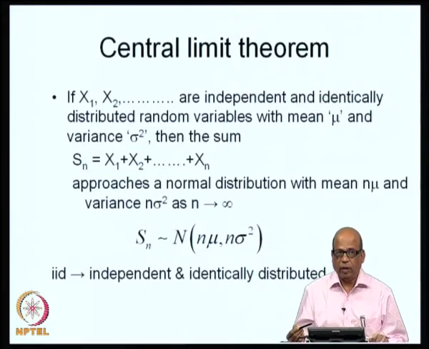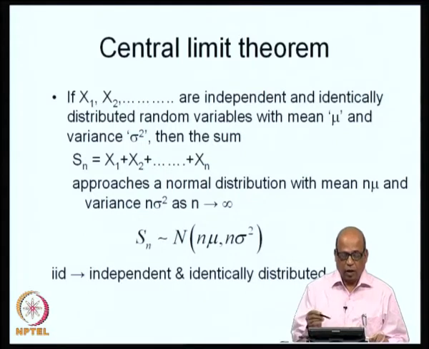Now, the central limit theorem states that if x 1, x 2 etcetera are independent and identically distributed random variables with mean mu and variance sigma square, then the sum defined by S n is equal to x 1 plus x 2 plus x 3 etcetera up to x n, where you have n number of such random variables, approaches a normal distribution with mean n mu and variance n sigma square as n becomes large, as n tends to infinity.